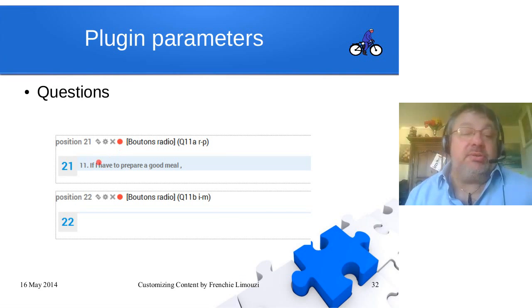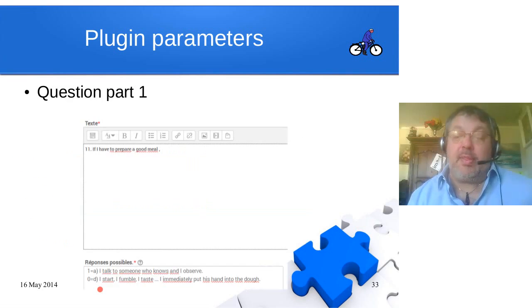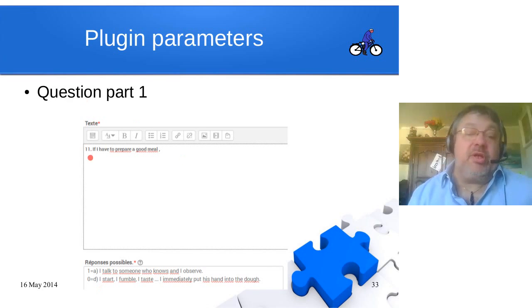Okay, one test question, but two questions in the plugin. First question, I made the text, and I give two references, 1.0 point.